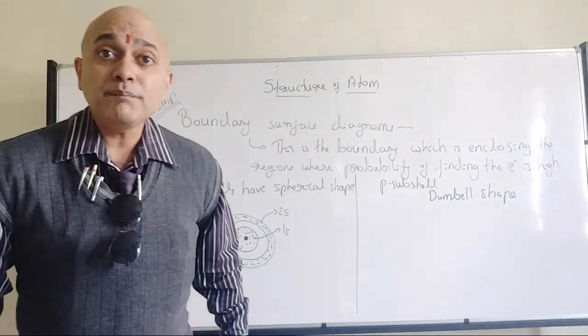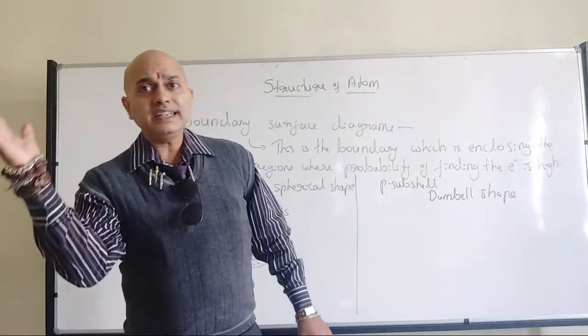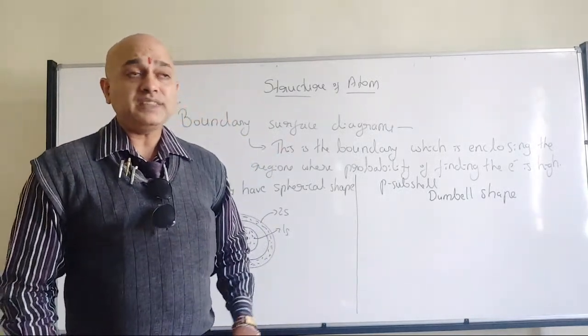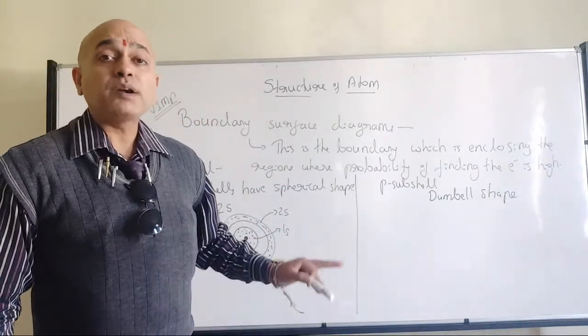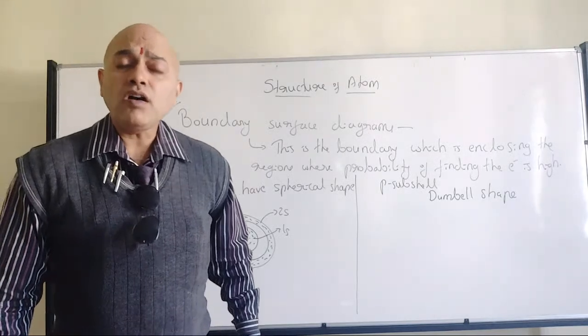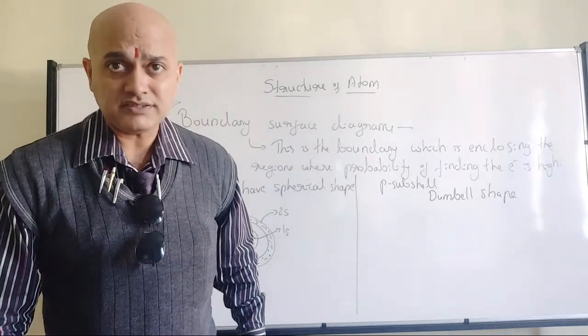So if you go to the magnetic quantum number, it was talking about orientation, right? That's where for the S subshell that may not be considered, but for the P subshell we are going to consider it, because all these 3 orbitals are in different orientations.